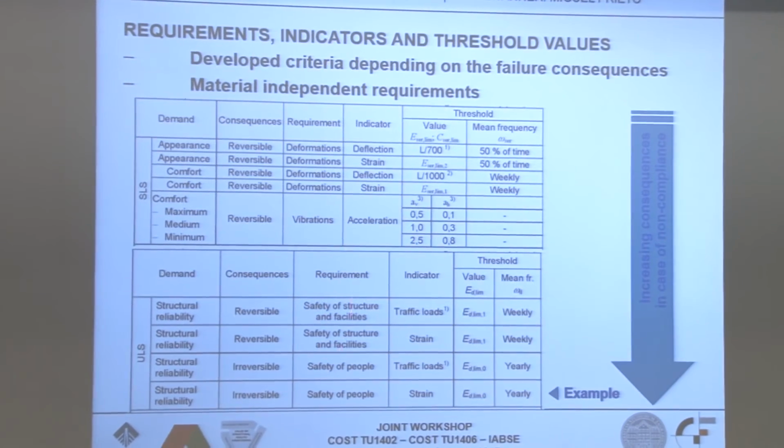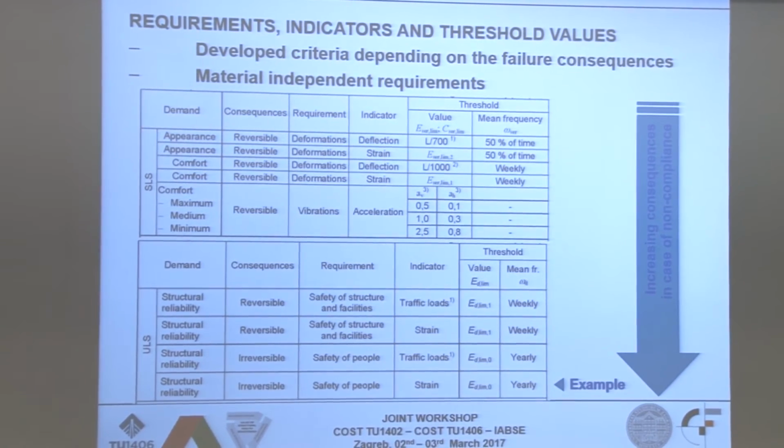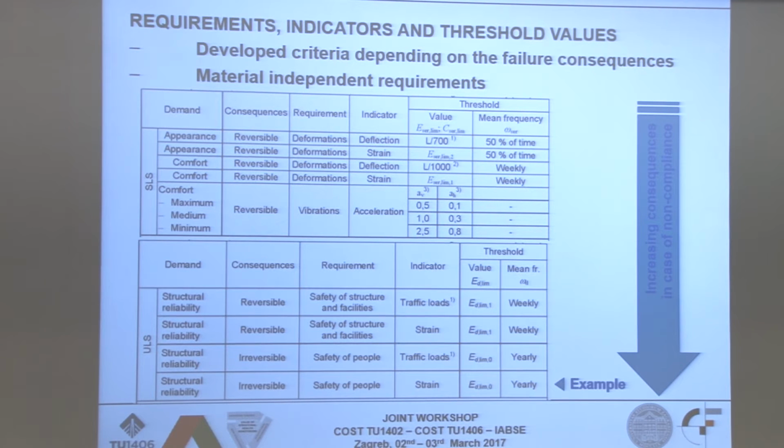They are listed here with increasing consequences in case of non-compliance. They are material independent. Consequences may be reversible or non-reversible. Requirements may be related to deformations, vibrations, and safety aspects. And indicators may be deflections, strains, accelerations, and also the traffic loads.